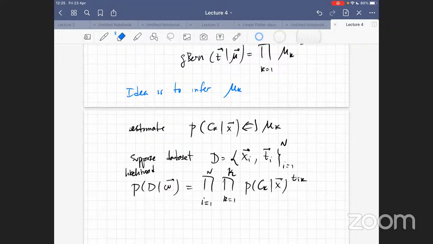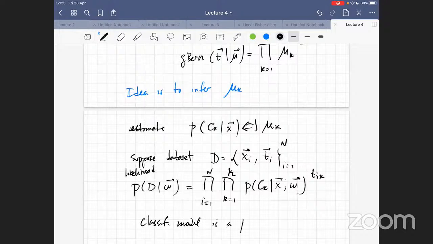And of course, I forgot to write the dependence on the weights, or on the parameters, which is here. So in a way, a probabilistic classification model is a proposition for this object here.